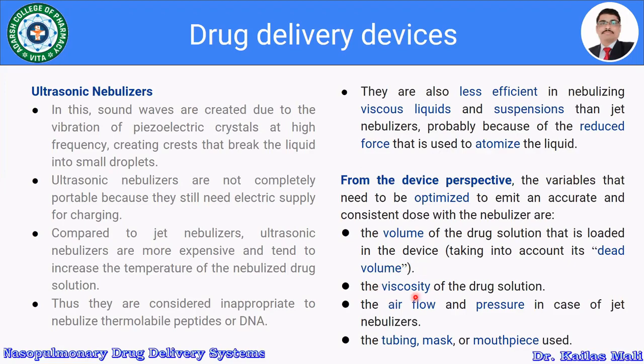Then the viscosity of the drug solution, the airflow and the pressure in the case of jet nebulizer, and the tubing, mask and mouthpiece used. We have seen only the basic design for the ultrasonic nebulizers or the jet nebulizers. But we have to use some additional things, that is a mouthpiece, maybe the mask, maybe the tubing, and so many other things need to be considered to optimize the nebulizer performance.